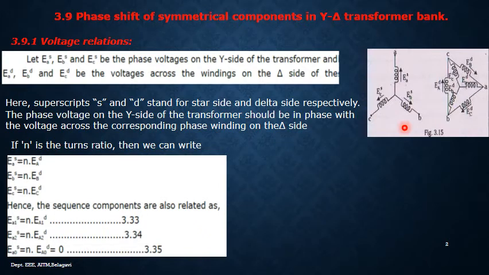If you want to have the conversion from star to delta side, both the voltages and currents are different from each other, for the star side as well as for the delta side of the transformer. So this phenomenon is nothing but phase shift.